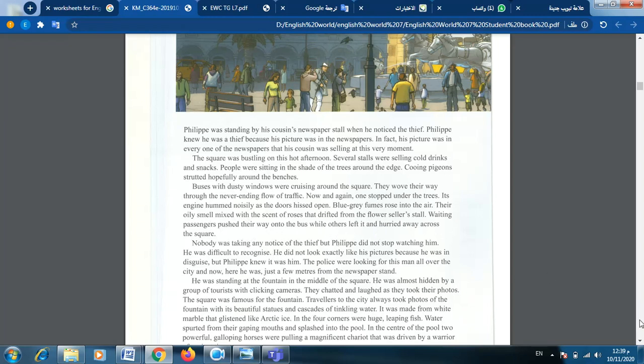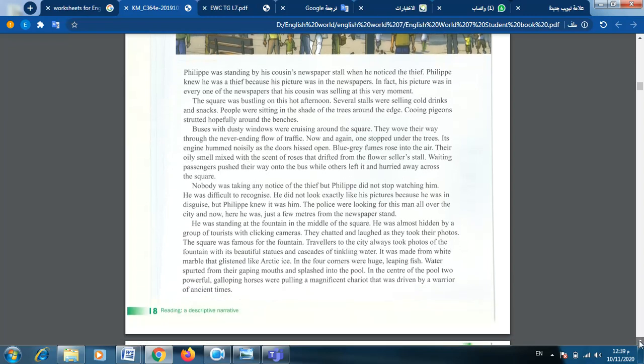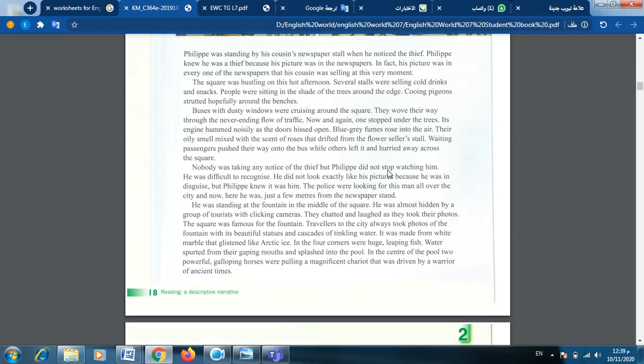Nobody was taking any notice of the thief, but Flippy didn't stop watching him. All the time, Flippy watched the thief. Okay? He was difficult to recognize. It's not easy to recognize him, okay? To know him again. Why?